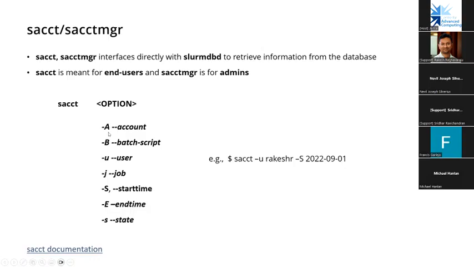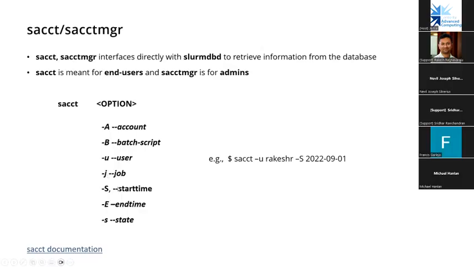You can retrieve accounting information, and batch scripts if they are running at the moment, or if they are saved, essentially. Users, like if you want to retrieve information about a particular user, we can use -u and -j for jobs.